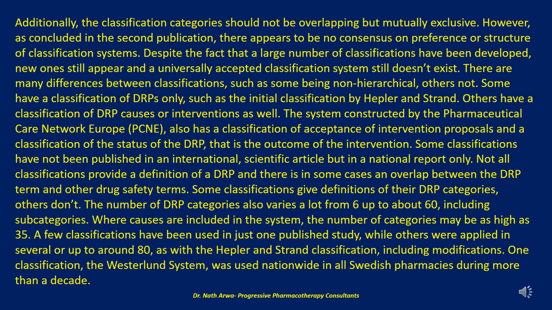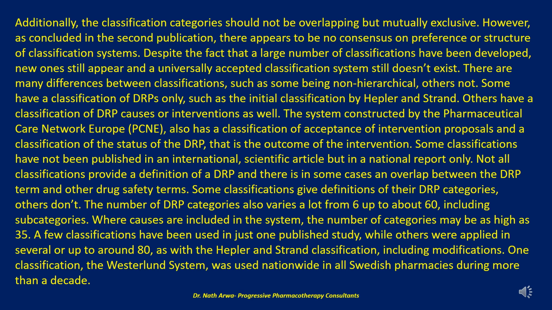Some classifications have not been published in an international, scientific article but in a national report only. Not all classifications provide a definition of a drug-related problem, and there is in some cases an overlap between the drug-related problem term and other drug safety terms. Some classifications give definitions of the drug-related problem categories, others don't. The number of drug-related problem categories also varies a lot, from 6 up to about 60, including subcategories.